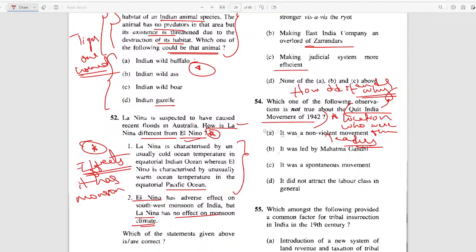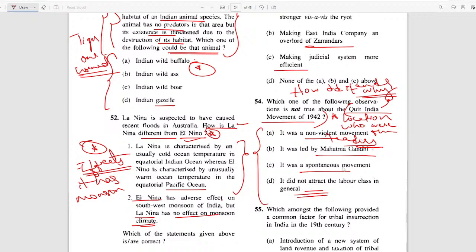I'm not concerned about this particular question. I'm mostly concerned about what was the nature of the movement, who was the leader of it, whether it was spontaneous or planned, and who were the participants here. These kinds of questions can be asked about any movement of modern history. So whenever you are going through any movements of modern history, keep these things in mind because UPSC has already given you an indication.